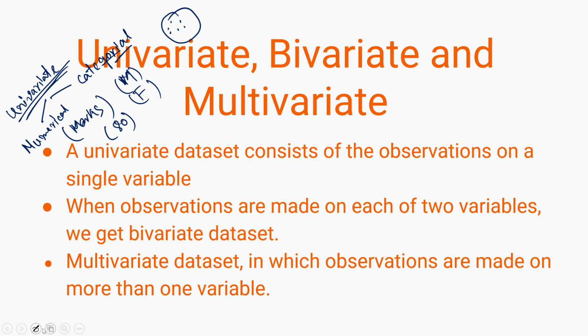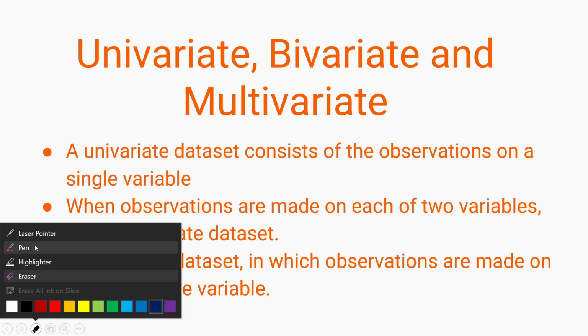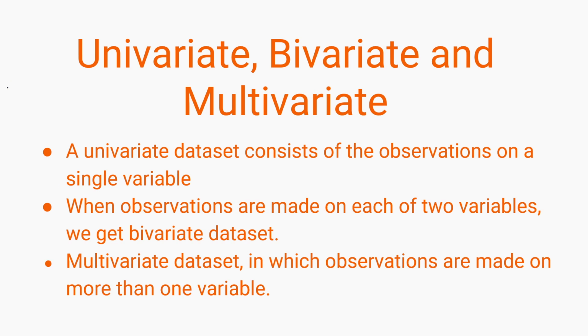Alright, now let's see what the example or scenario would be for the bivariate dataset. In case of a bivariate dataset, two things can happen.